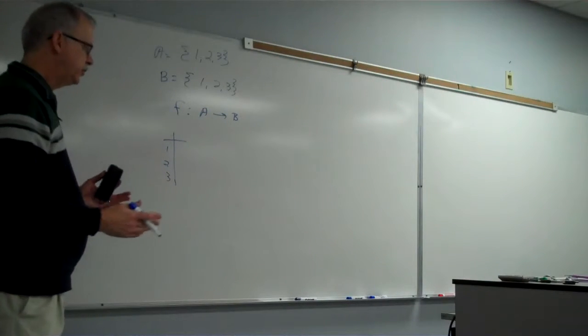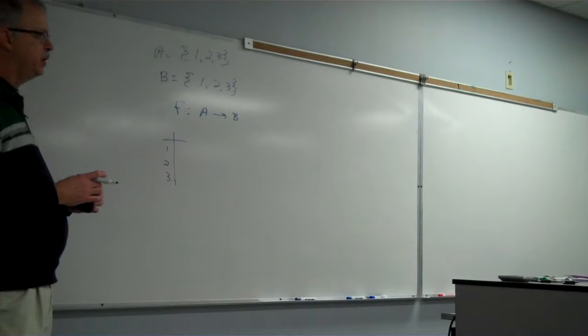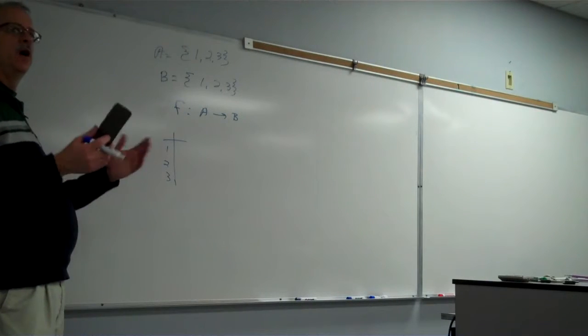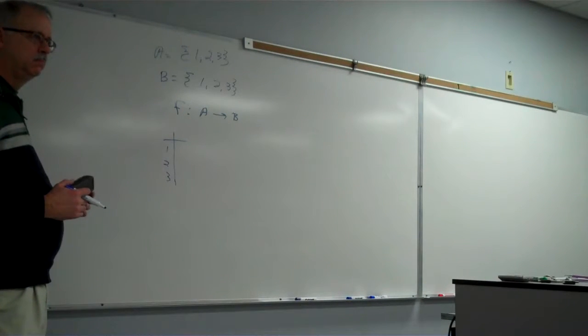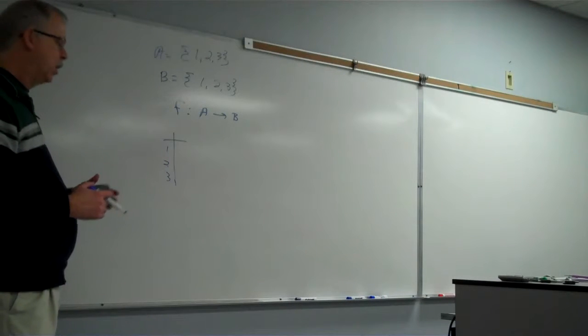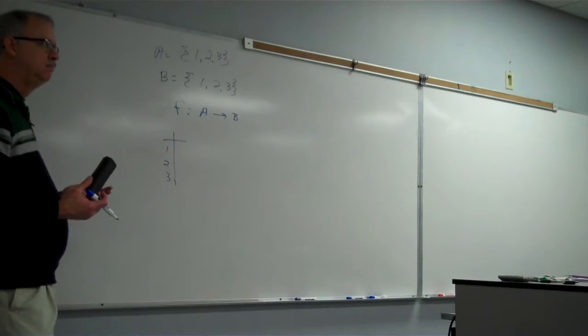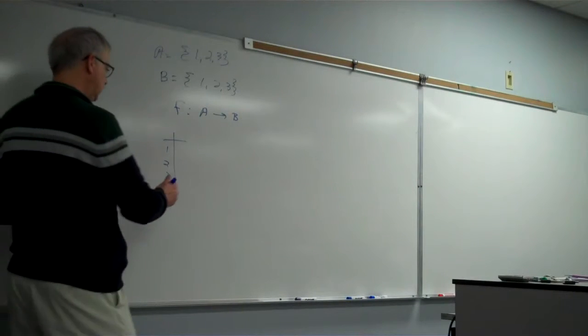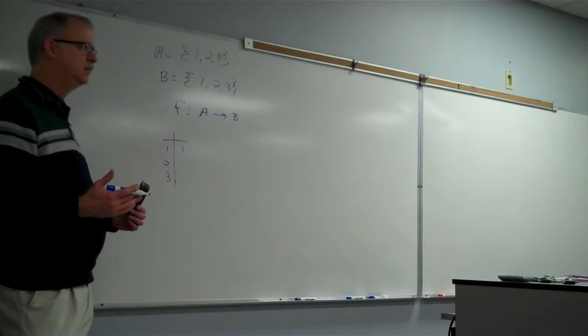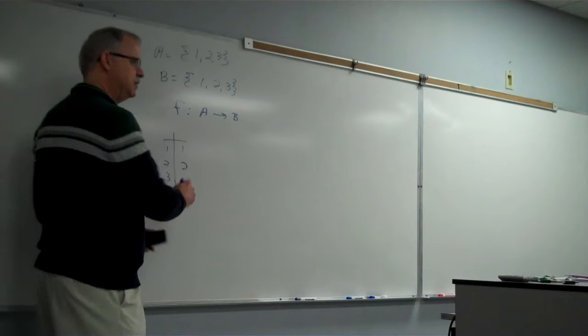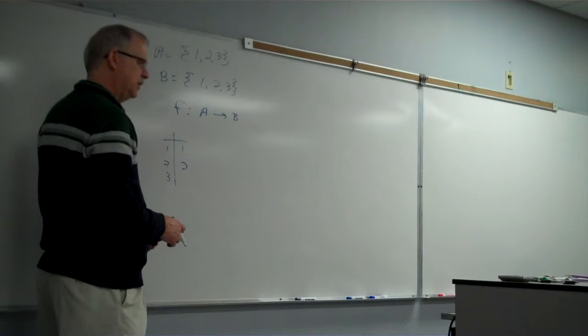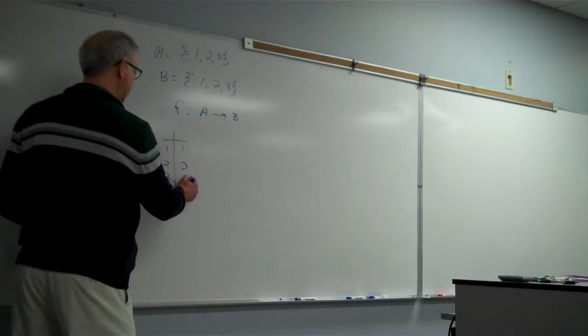We're going to produce outputs from the set 1, 2, 3. Can somebody think of one function? Where can we send 1? We could send it to 1. Where can we send 2? Well, okay, we could send it to 2. Well, let's go ahead and send 3 to 3.